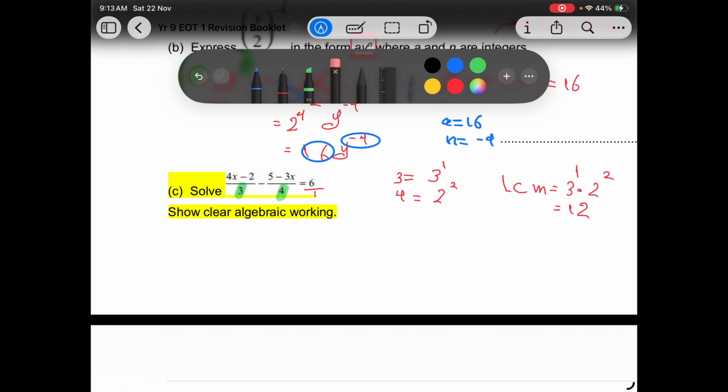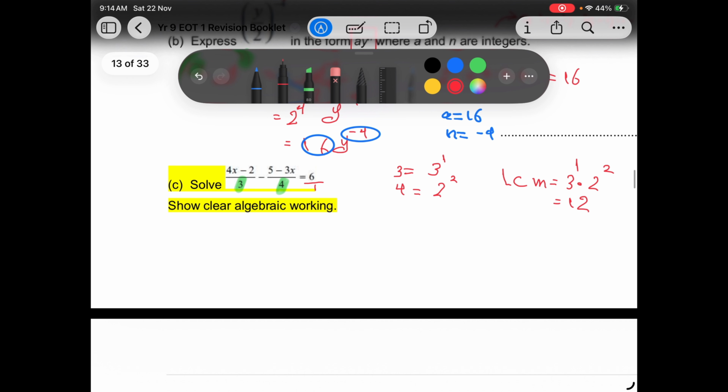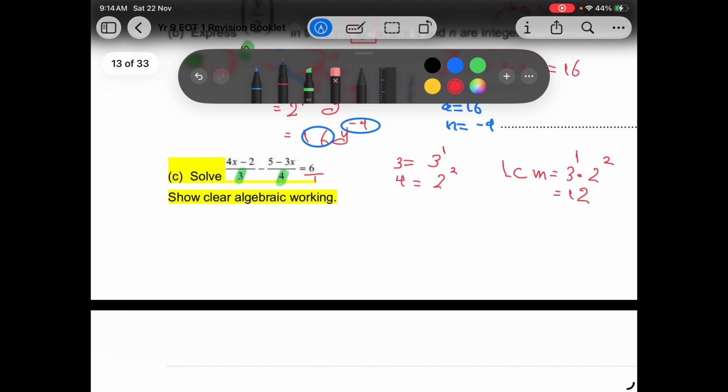If you multiply each term here by the least common multiple, you will end up with a very nice, beautiful equation. So I will multiply here by this 12. I will write the equation here, just to make it easy on your eyes.